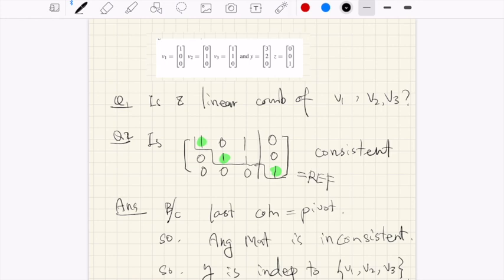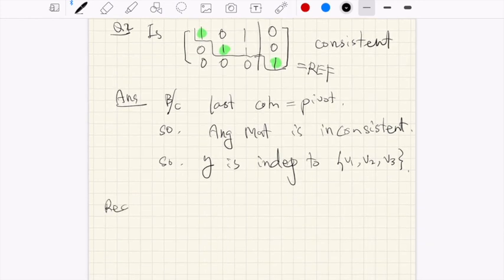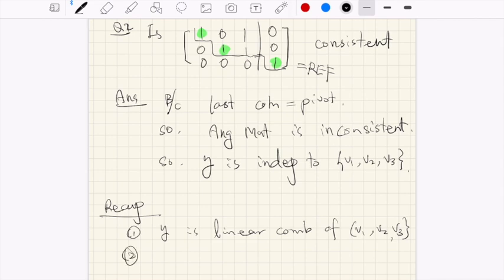So recap. We want to know if y is a linear combination of v1, v2, v3. Then what you do is put the skill set on one side of the line and the other side just the villain, and ask if it is consistent.